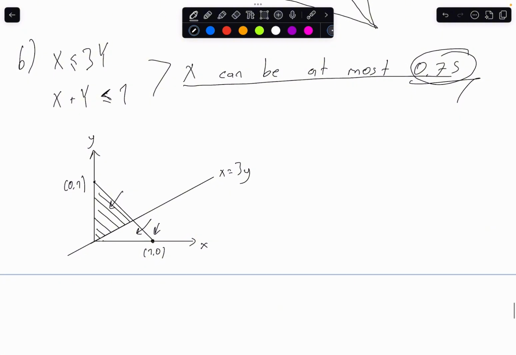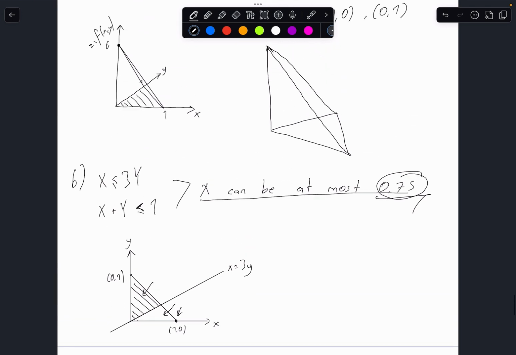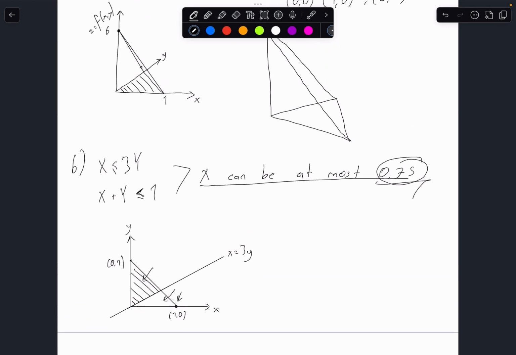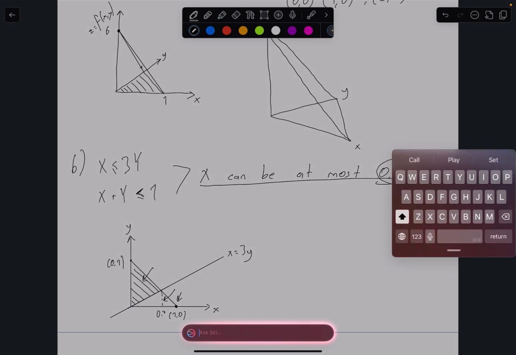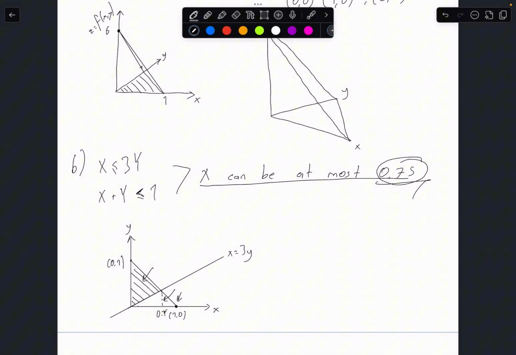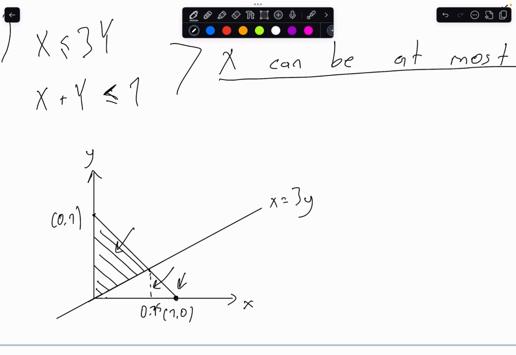Actually, we need to find the area of this one. Let's consider this as x, this as y, and in our new graph this is 0.75, this area, and this is 0.25.